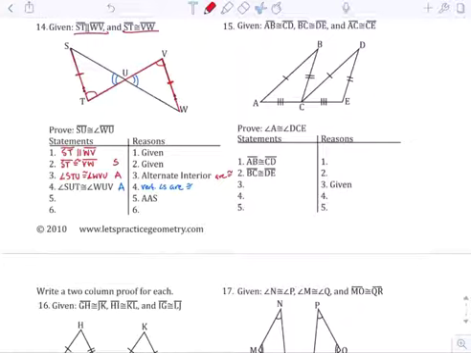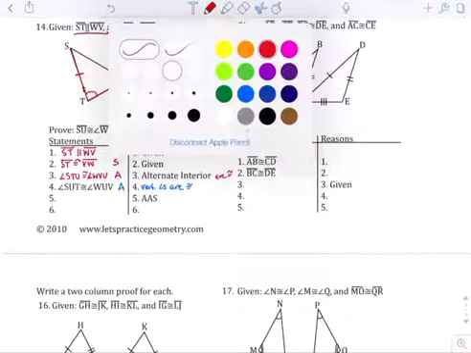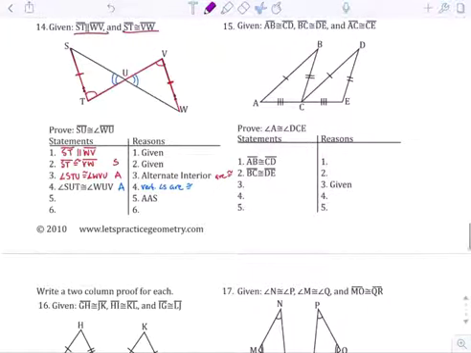Now it looks like we got angle, side, which means we have our triangle congruency theorem. So we got triangle STU is congruent to triangle WVU by angle, side.